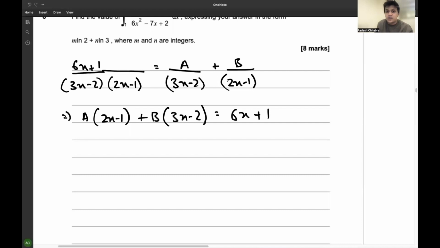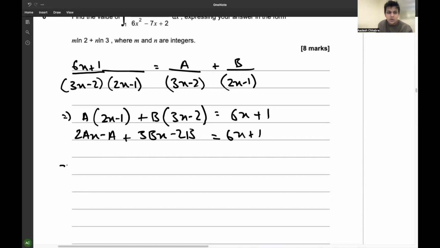And I knew this because I cross-multiplied the fractions here, and I know that the denominator here would be the same as the denominator here. So I haven't gone ahead and compared the denominator. All I'm going to do is compare the numerator, and I can expand here to get 2ax minus a plus 3bx minus 2b is equal to 6x plus 1.